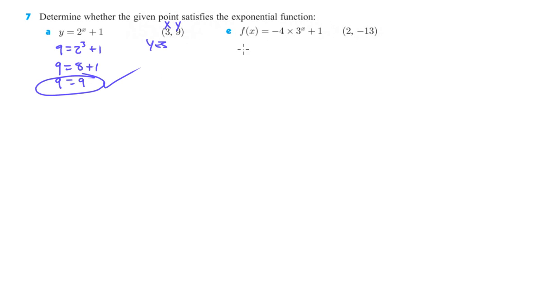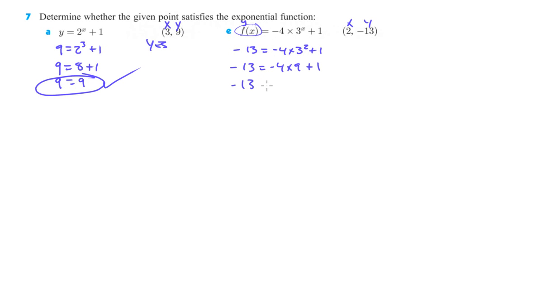This one here, we get negative 13 is going to go in for the y. And y is the same thing as f of x, right? So negative 13, does that equal negative 4 times 3 to the second plus 1? 3 squared is 9 plus 1, right?